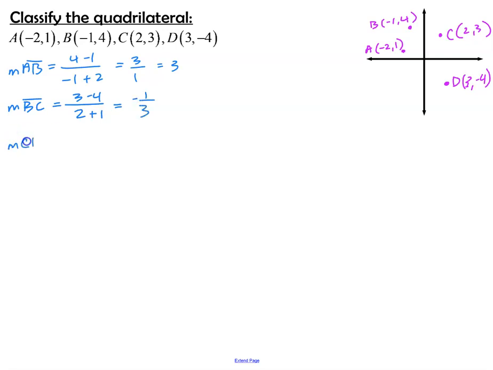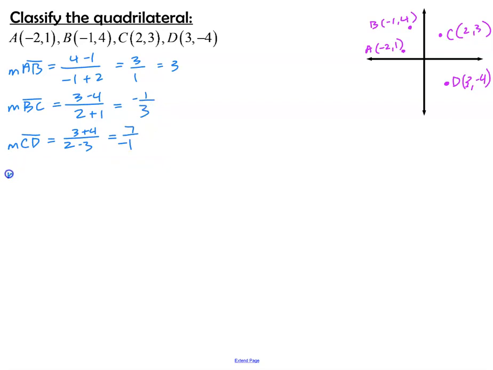We have side CD, which is 3 plus 4 over 2 minus 3, which is 7 over -1. So already we can see that this pair of opposite sides is not parallel.